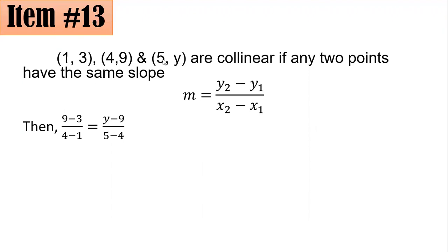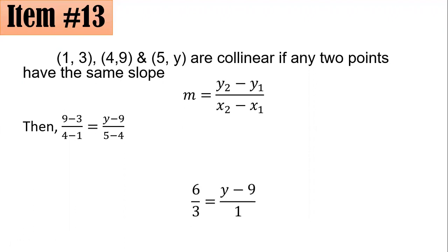For the second scenario, in the right-hand side, I picked (4, 9) and (5, y). (4, 9) now is my x sub 1, y sub 1, and (5, y) is my x sub 2, y sub 2. By substitution, that becomes y minus 9 all over 5 minus 4. But how come I set them as equal? It is because, as what I mentioned earlier, any 2 points on a line have equal slopes.